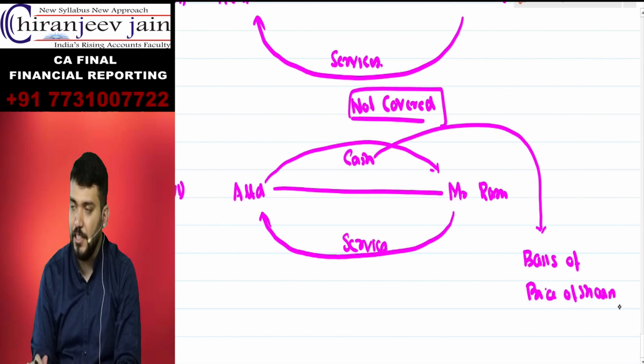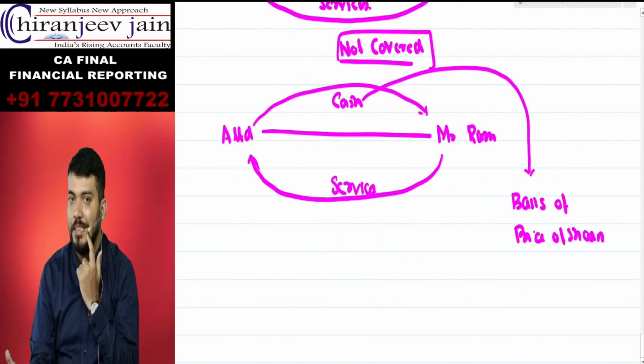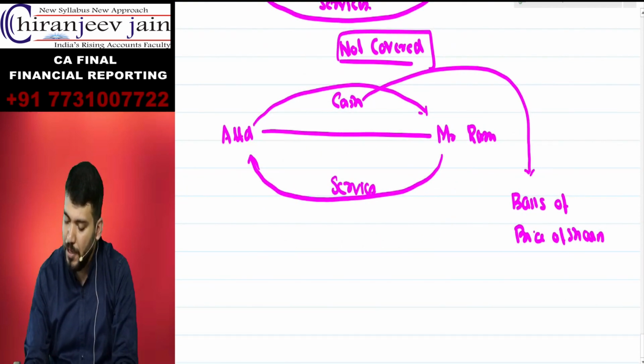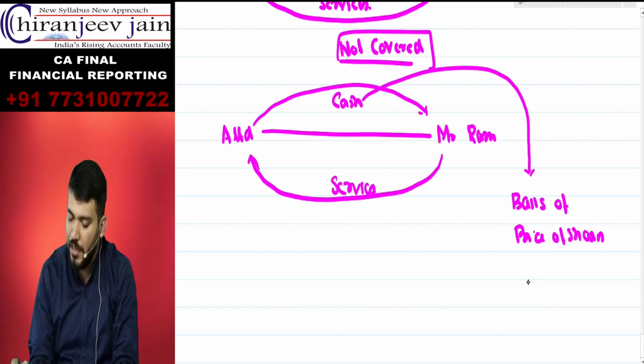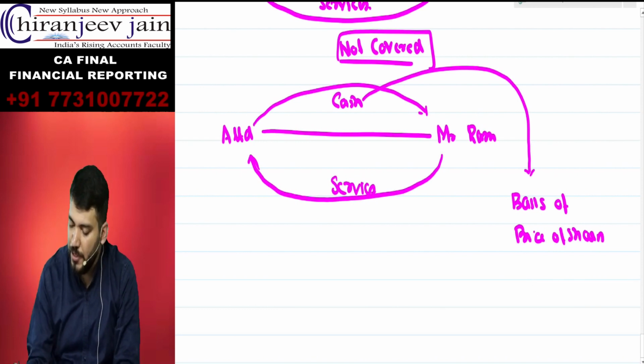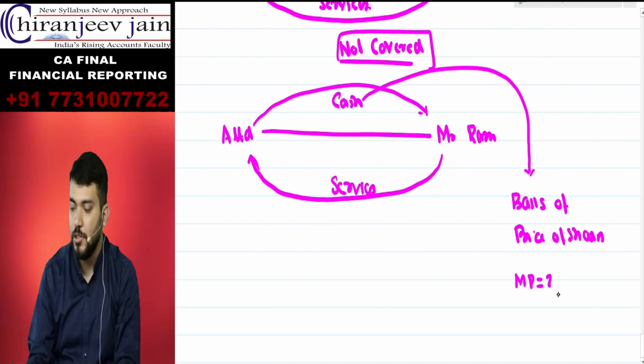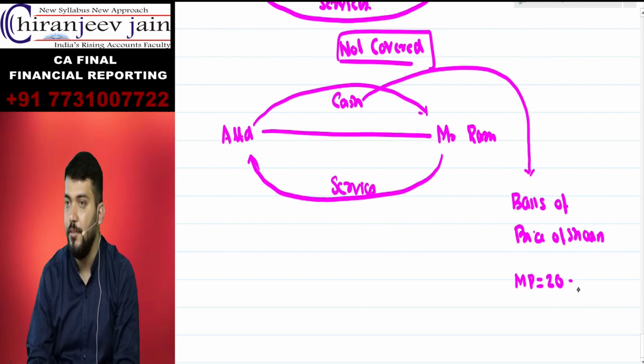Means A Limited said that, try to understand, if the contract is done when the market price of the shares was 20, and it increases more than 20, we'll pay the difference.